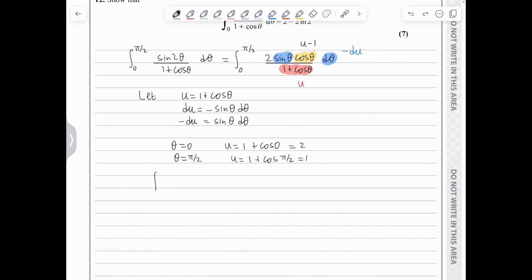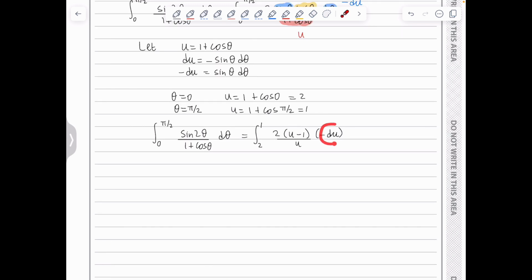And therefore the integral from 0 to pi over 2 of sine 2 theta over 1 plus cos theta d theta can be written entirely in terms of u as the integral from 2 to 1 of 2 brackets u minus 1, that's the cos theta, times minus du, all of it over u.